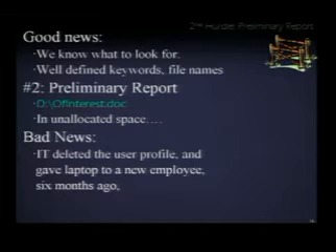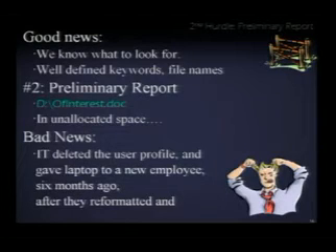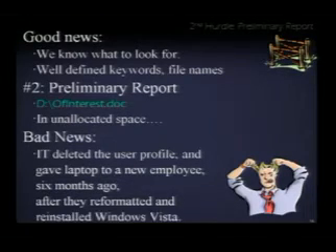And this was 6 months ago. The guy had it for 6 months. And then on top of that, they had reformatted. And then they reinstalled. So this makes it really interesting.